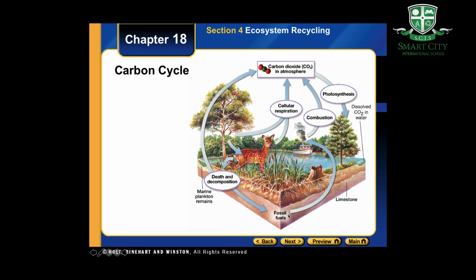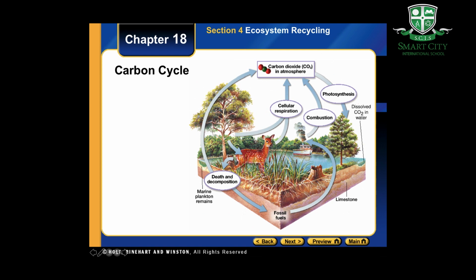Whenever we are burning fossil fuel, we are doing something called combustion. So combustion is the burning of fossil fuel. Burning of fossil fuel, or combustion, returns or increases again the carbon dioxide in the atmosphere.